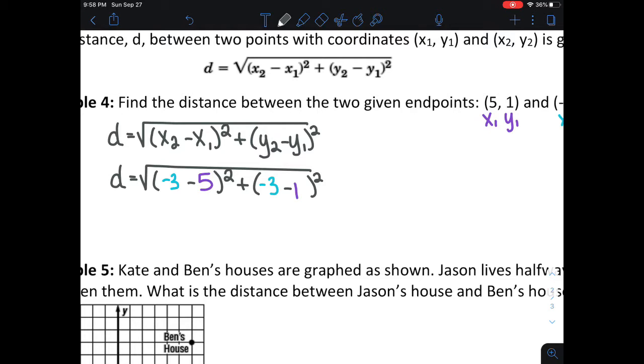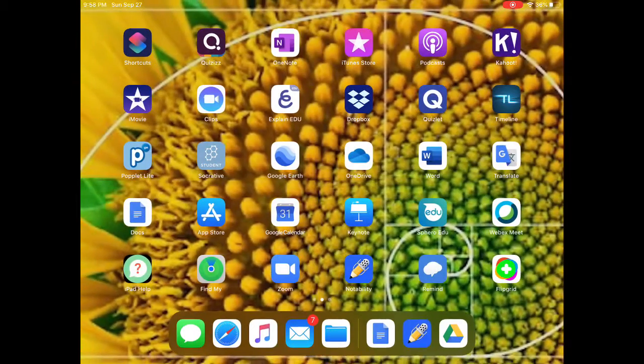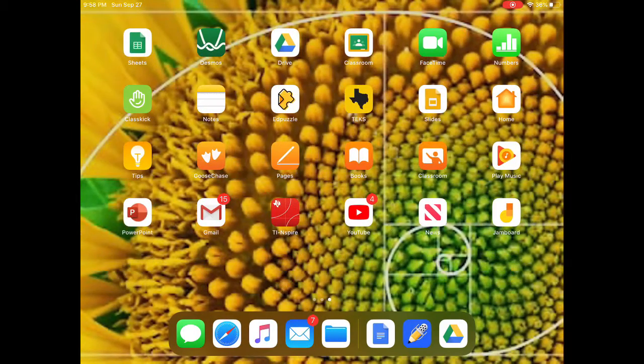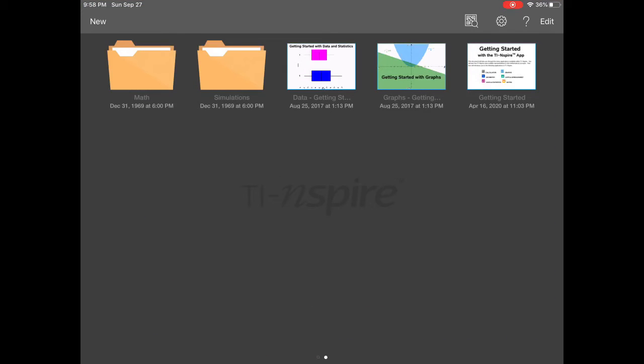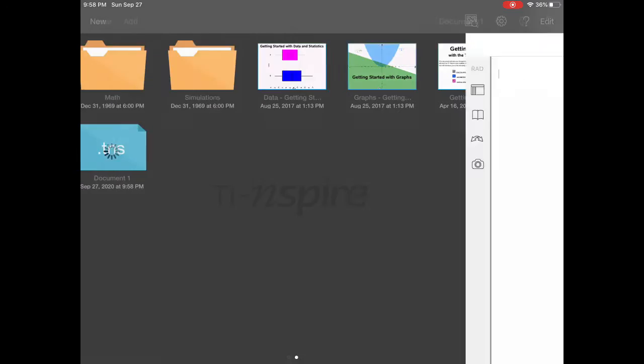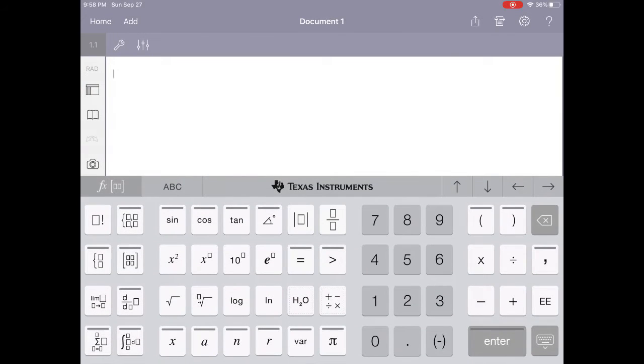So give me a second so I can type this in the calculator. I'm gonna go over to my Inspire app. I'm going to create a new calculator. Then I hit the square root button, and I need to set a parentheses.